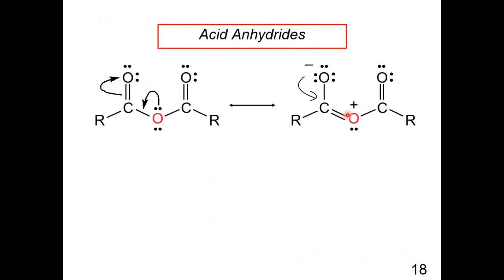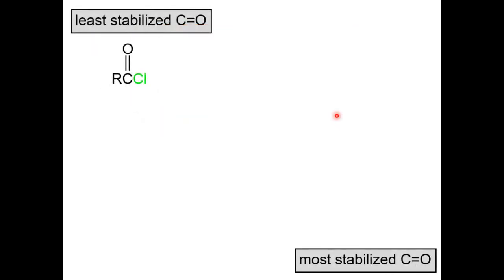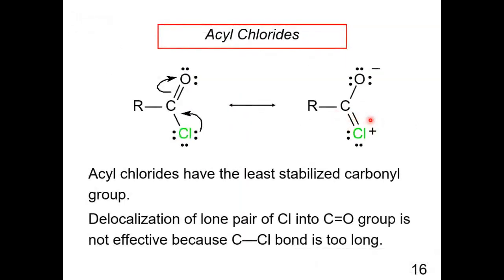Now the next member in the carboxylic acid derivatives is acid anhydride. Acid anhydride features an oxygen single bonded to two carbonyl groups. So it can form this carbon-oxygen double bond, which shows how well the carbonyl group is stabilized. Because oxygen is a second period element, the carbon-oxygen double bond here is substantially shorter than the carbon-chlorine bond, and stronger.